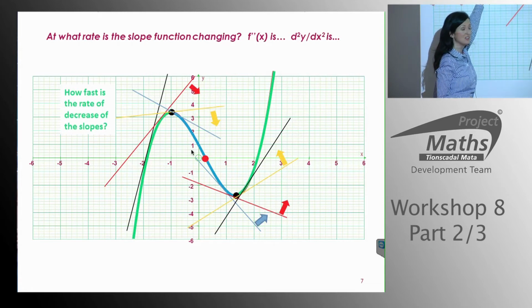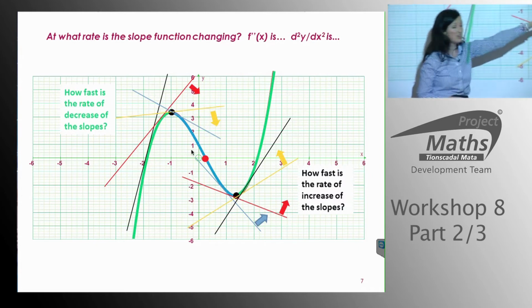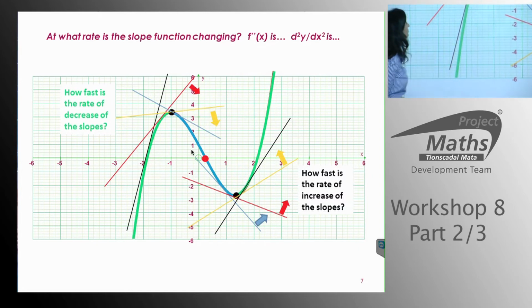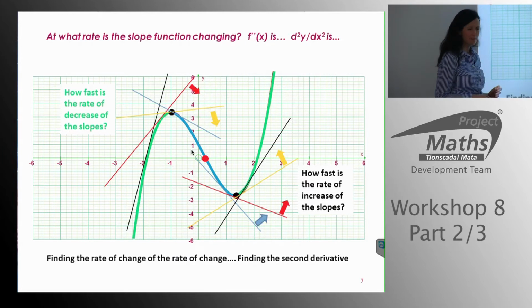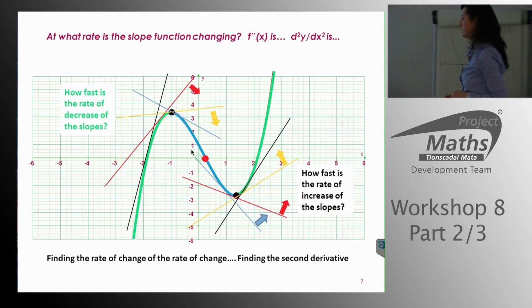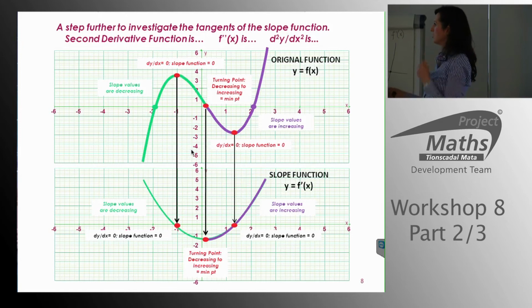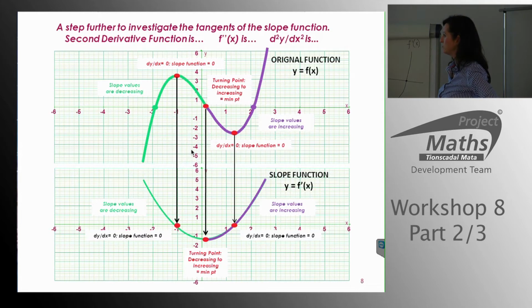How fast are the slopes decreasing along there? How fast are they increasing along here? So really what we have to do is inspect the rate of change of the slope function. Does that make sense? You okay with this? We're going second derivative, so we're going to investigate the slope function to find the second derivative. Here's my original, here's my slope function. Go at it again, and that will give me my second derivative.